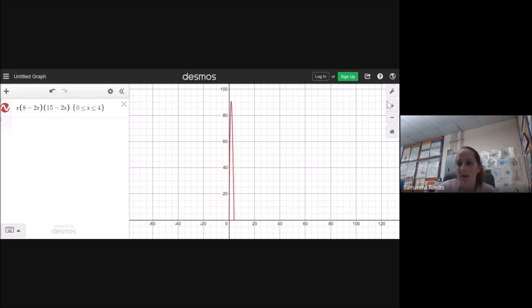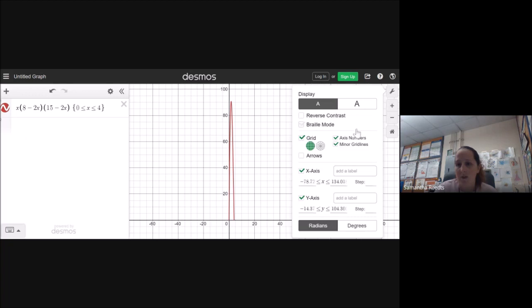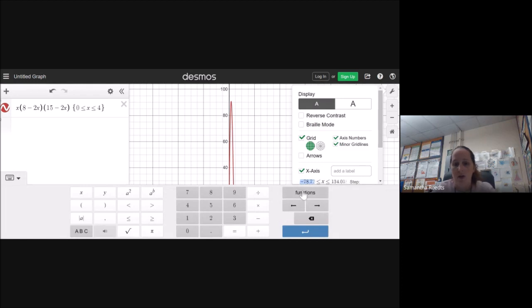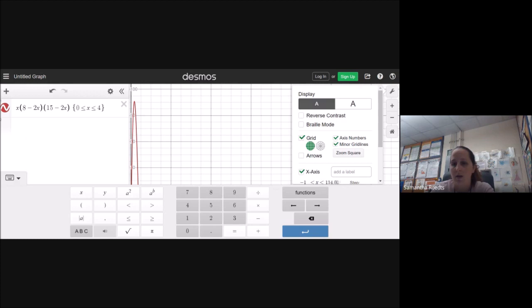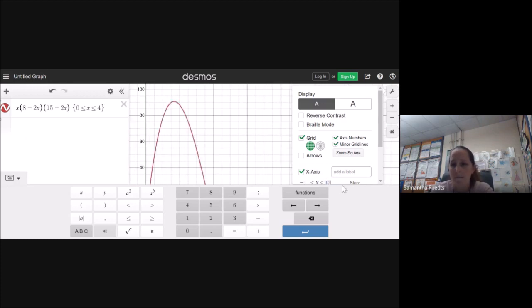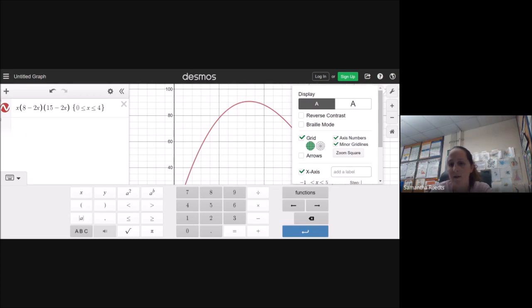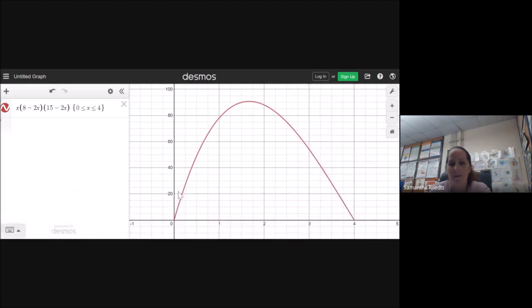And then I can make it a little easier to see by changing my x-axis to be -1 to, let's say, 5. I just did that in the settings button.